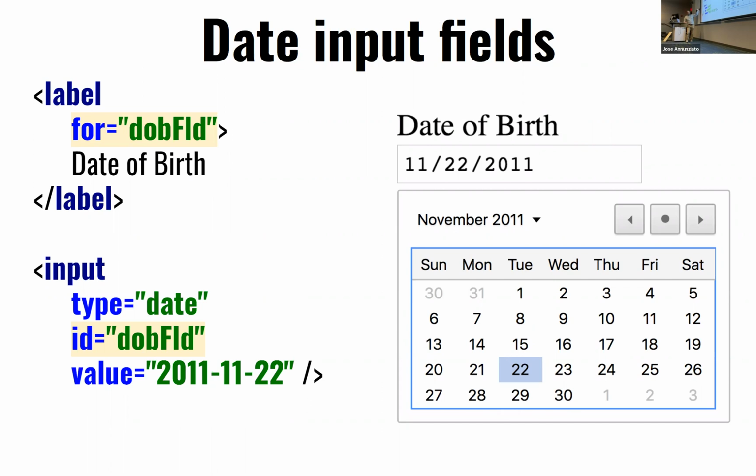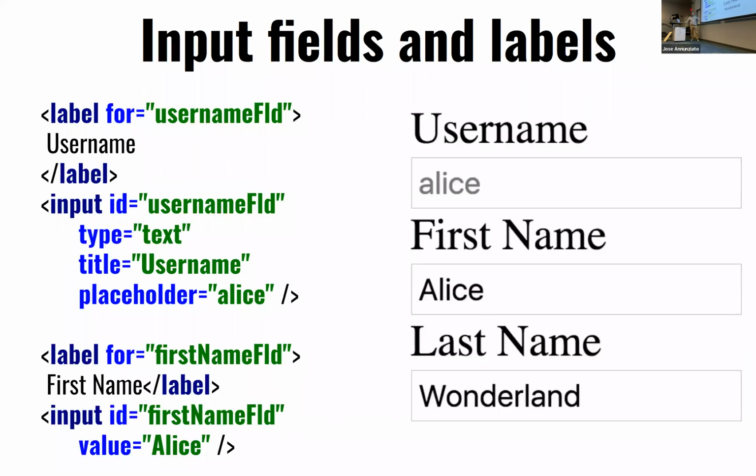Another thing that we kind of overlooked is the value. See value, just like this value over here. It allows you to configure the default value of the field. Here we're saying that the default value of this text field is Alice, and it displays Alice. If I hadn't had a value here, since input fields don't need IDs or values whatsoever, it could be just an input.